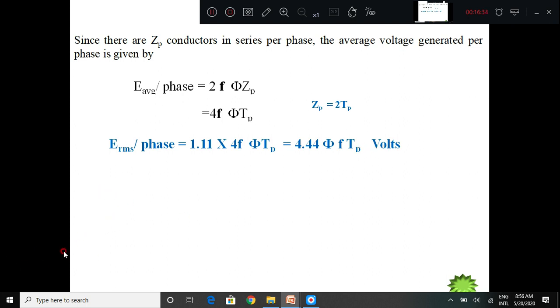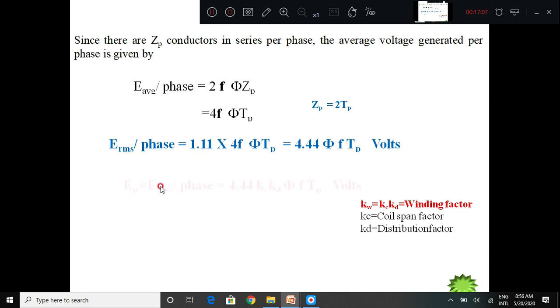Then, if the windings are short pitch and distributed windings, that is what I defined as Kc and Kd. If the windings of the alternator are connected in short pitch and are also distributed, then you have to multiply these factors to the RMS value.